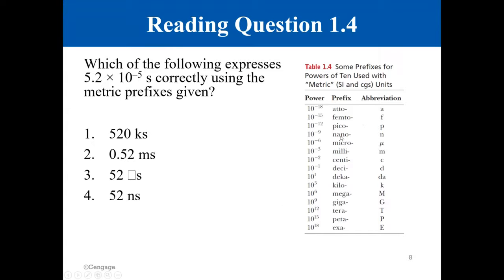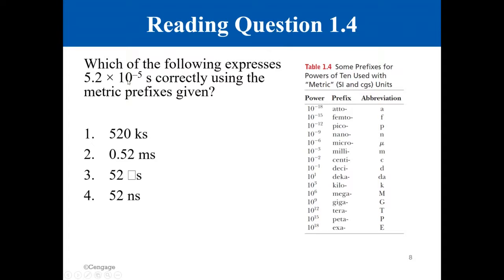You see here samples of these prefixes, like 10 to the power 3, it means kilo. 10 to the power 12, it means tera. On the other extreme, 10 to the minus 15, it means femto. 10 to the minus 6, it means micro, and so on and so forth. These are usually used in physics.